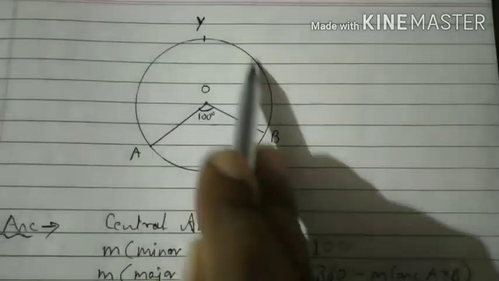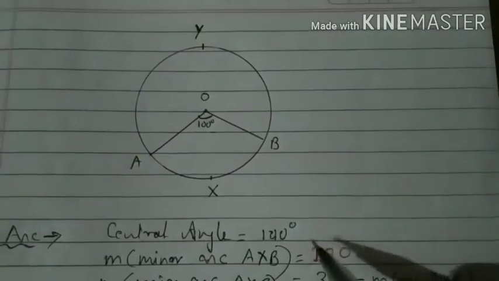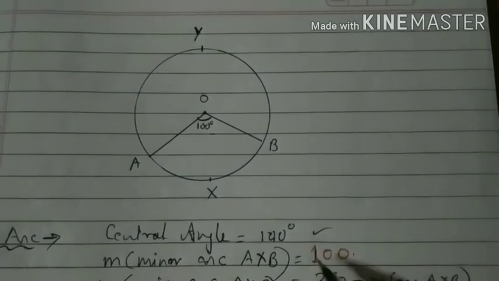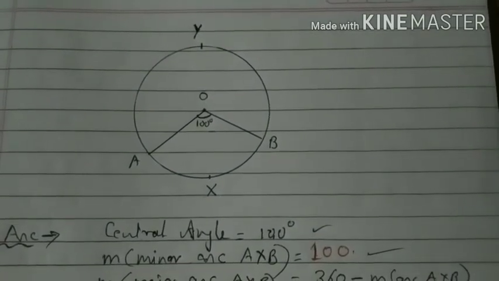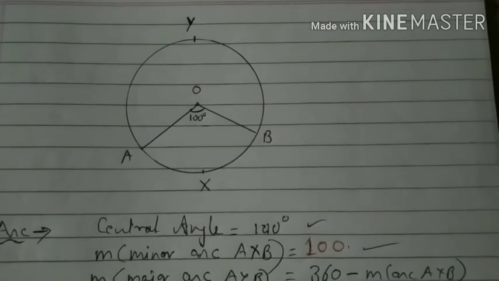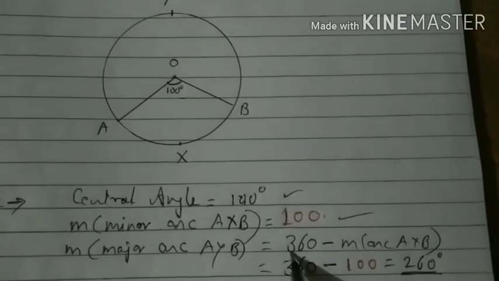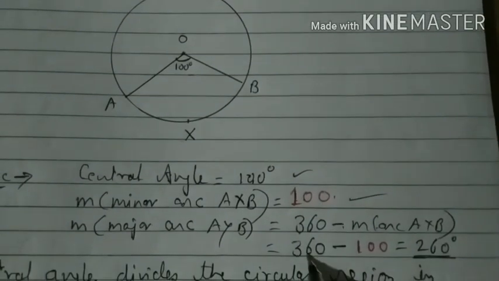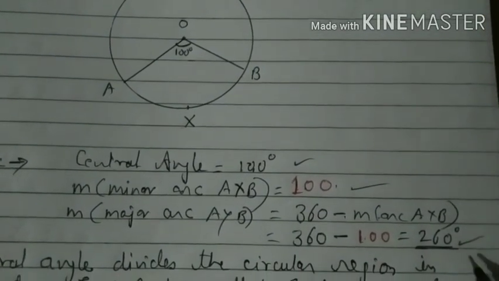To find the major arc, we know a full circle is 360 degrees. So the major arc is 360 minus the minor arc, that is 360 minus 100, which is 260.